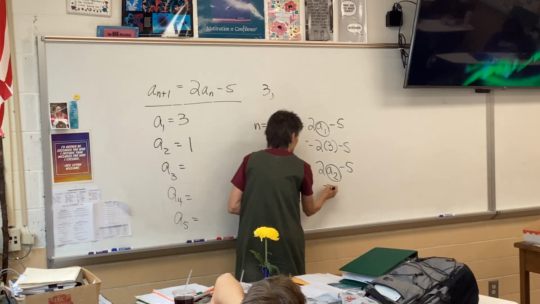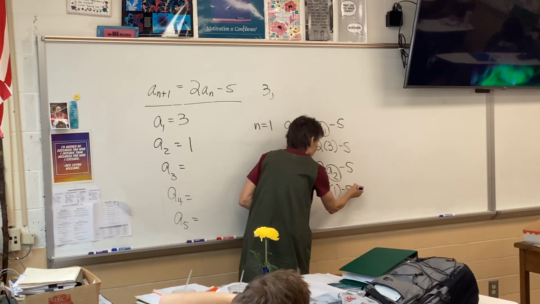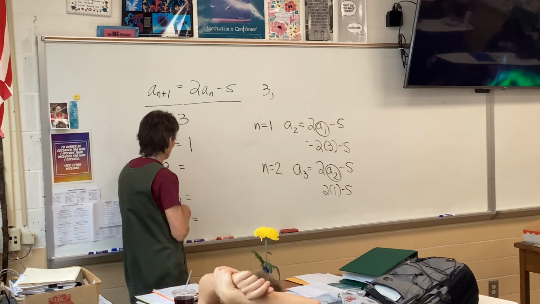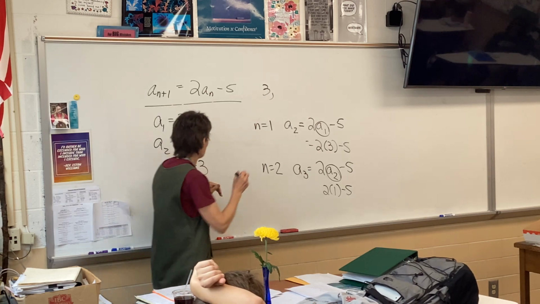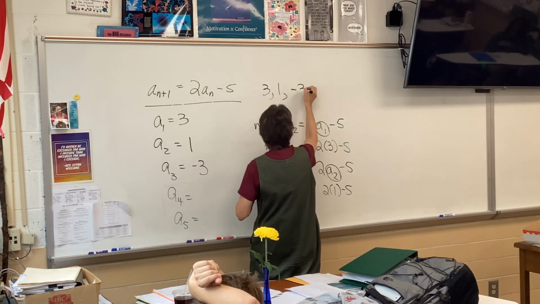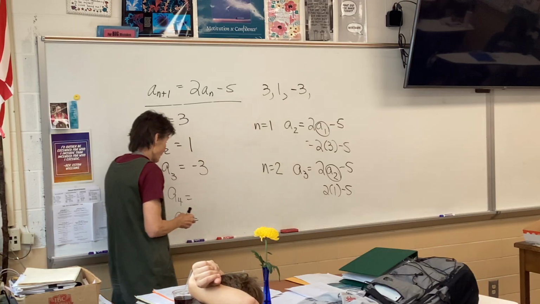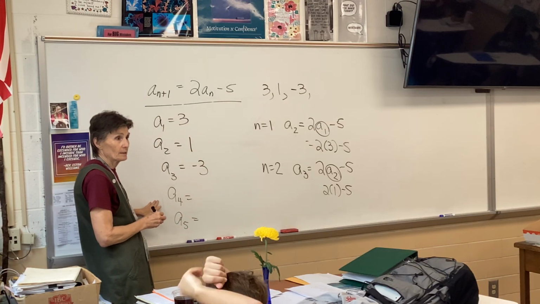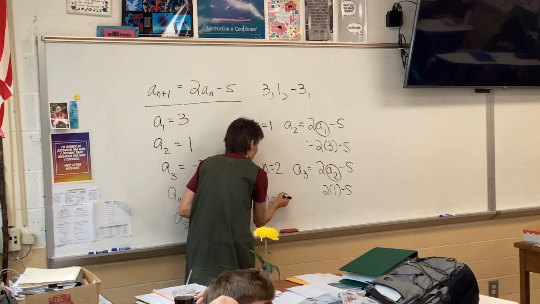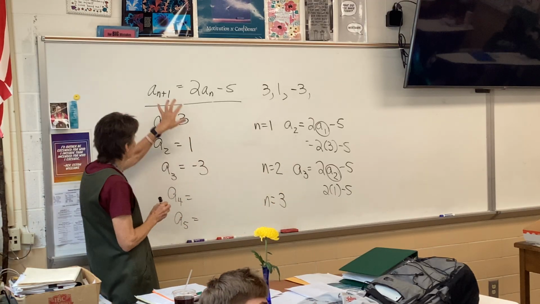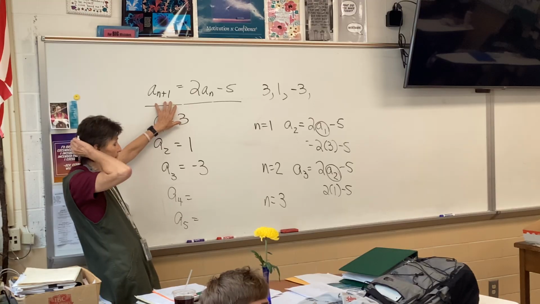So this is 2 times 1 minus 5, which is negative 3. So my first term is 3, my second term is 1, now I got negative 3. All right, now guess what I'm going to do? I'm going to let n be 3, because if I let n be 3, what does my equation say?